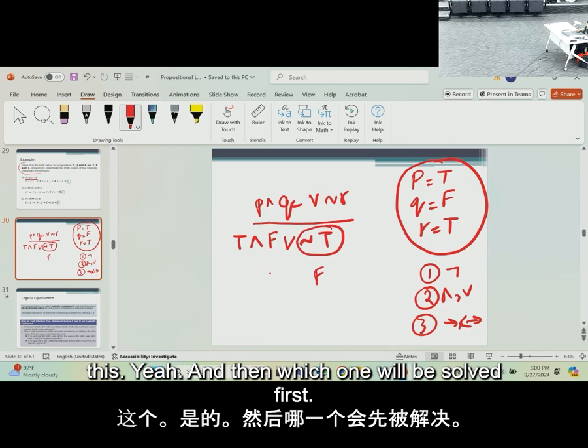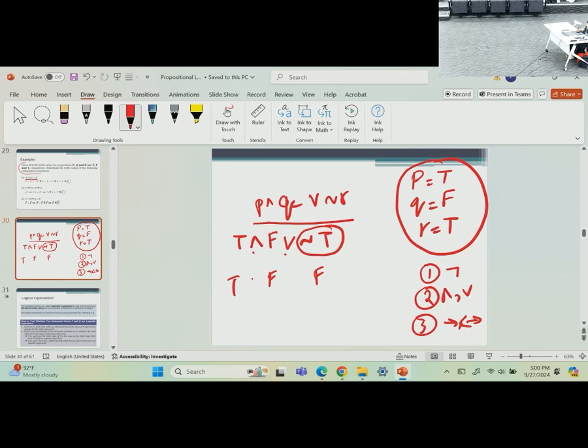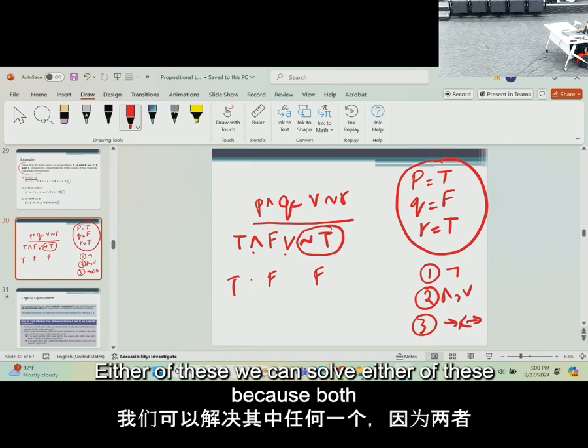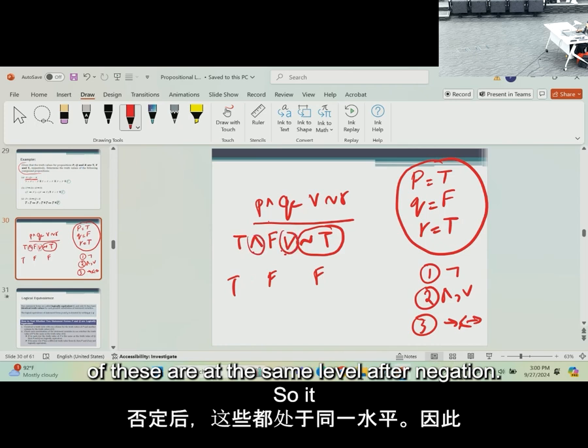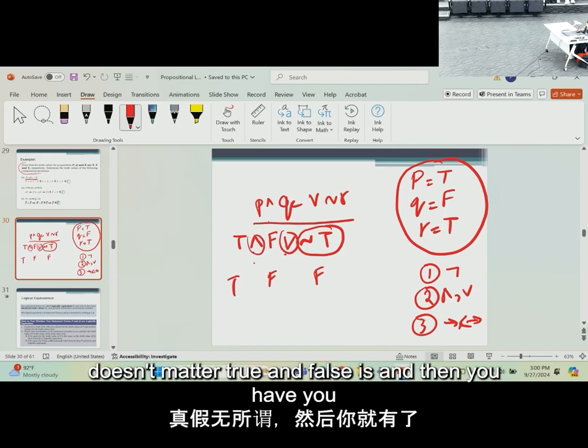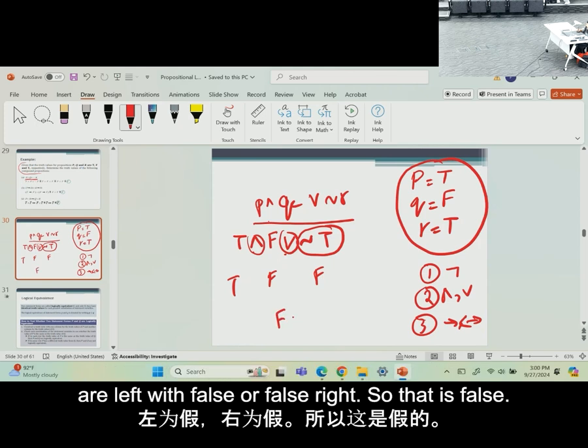And then which one will we solve first? We can solve either of these because both are at the same level after negation, so it doesn't matter. True and false is false, and then you are left with false or false, right?